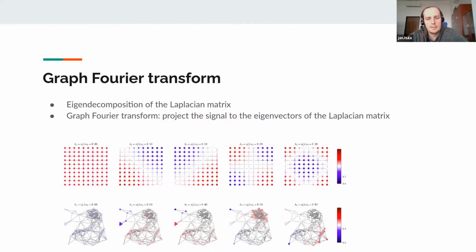Then you can do the Fourier transform of the signal represented on this graph by doing an eigendecomposition of this Laplacian matrix.